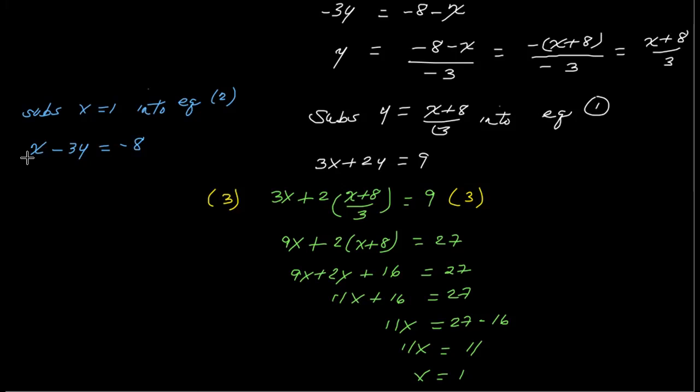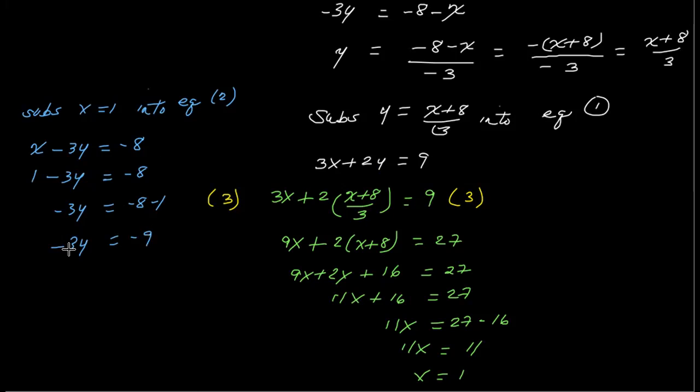Wherever we see x, I'm going to put 1. So now this becomes 1 minus 3y is equal to minus 8. So minus 3y is equal to minus 8 minus 1. See, this one was positive here, so I got to transpose it. So I have minus 3y is equal to minus 9.